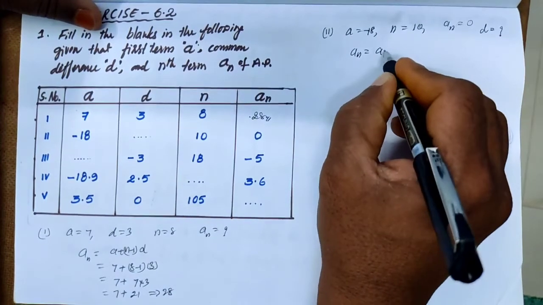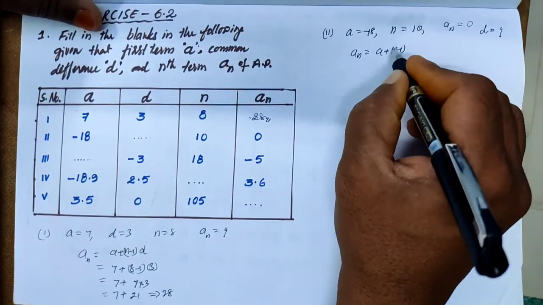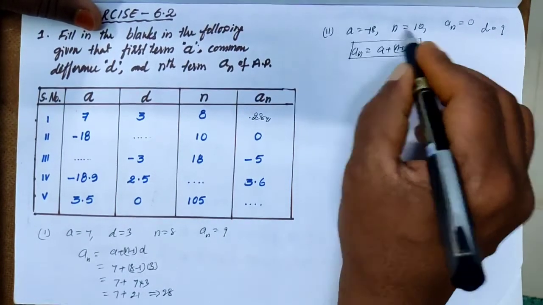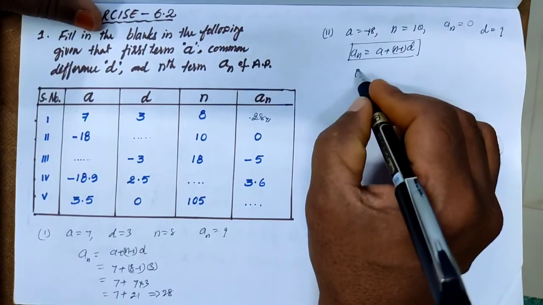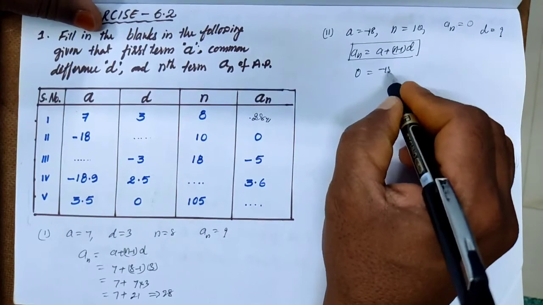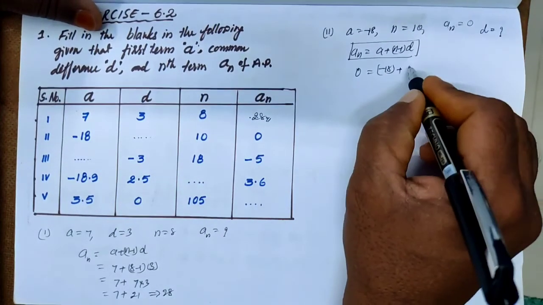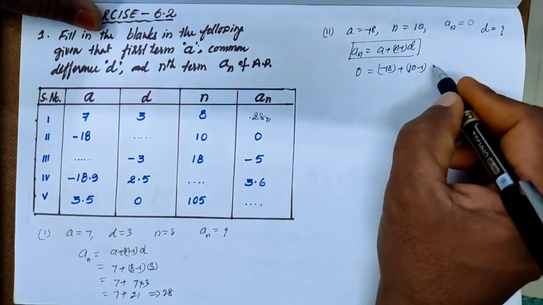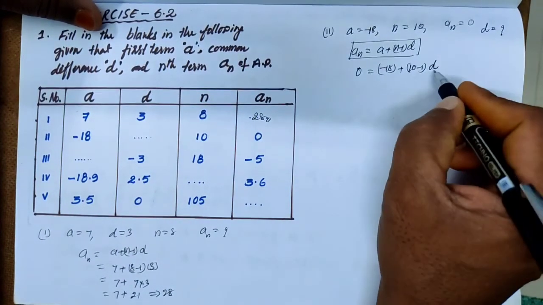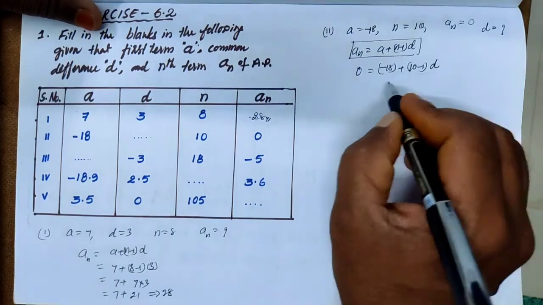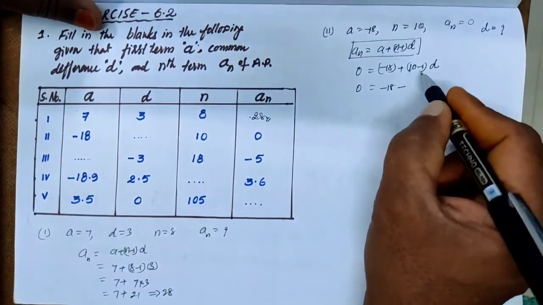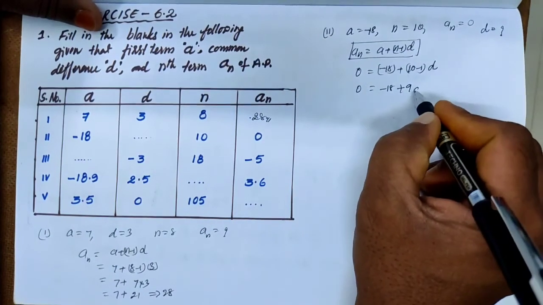The nth term is equal to a plus n minus 1 into d. So in this formula substitute the given values. The nth term is 0, the first term is minus 18, plus n is 10, so n minus 1 is 10 minus 1, and the d value we don't know, let's put it as d. Now 0 is equal to minus 18 plus 9 into d.